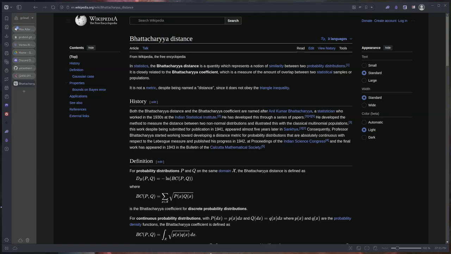If you have a probability distribution, it will always be possible to describe it geometrically. And it still does not satisfy the triangle inequality. It's still not a metric. The Bhattacharya distance, yes, it's still not a metric.